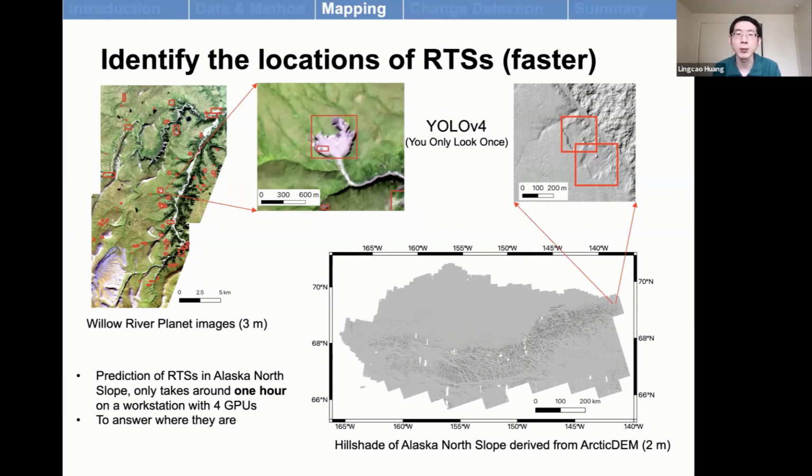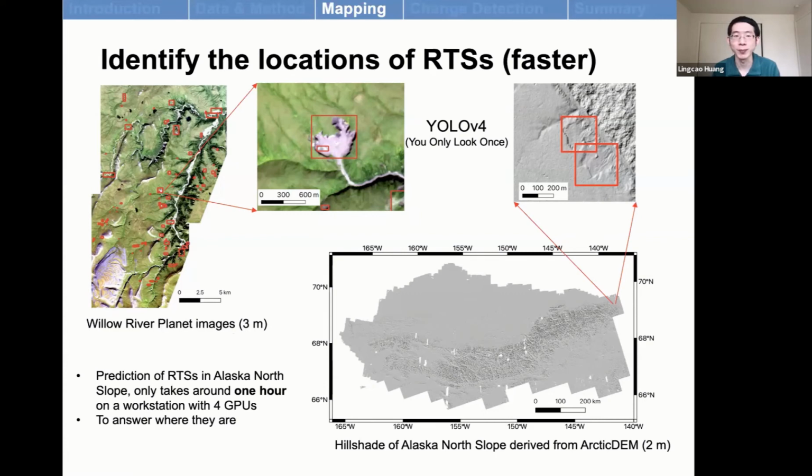This is a test of the algorithm in a relatively small region. We can see the algorithm can identify the location of many false slumps. This is the algorithm I then use to identify false slumps from the Arctic DM, with a resolution of 2 meters.